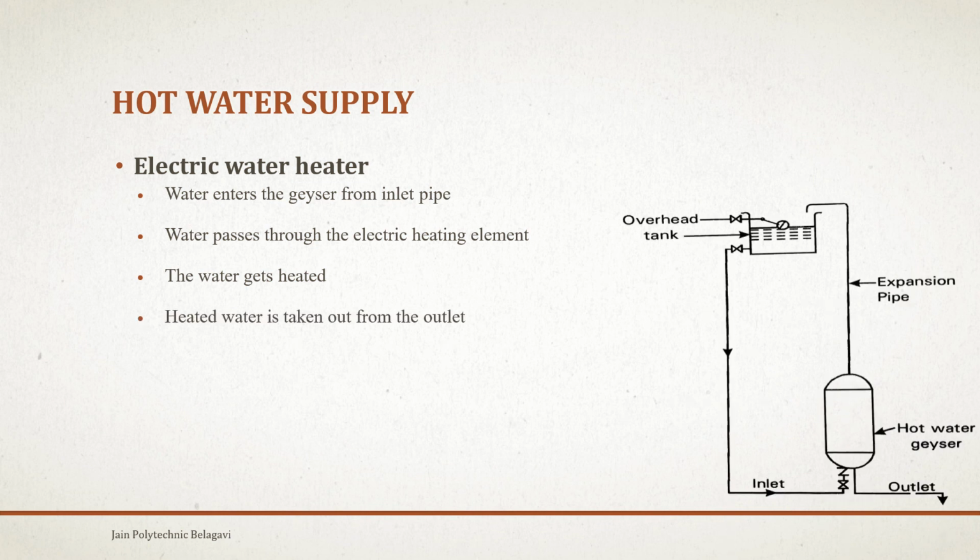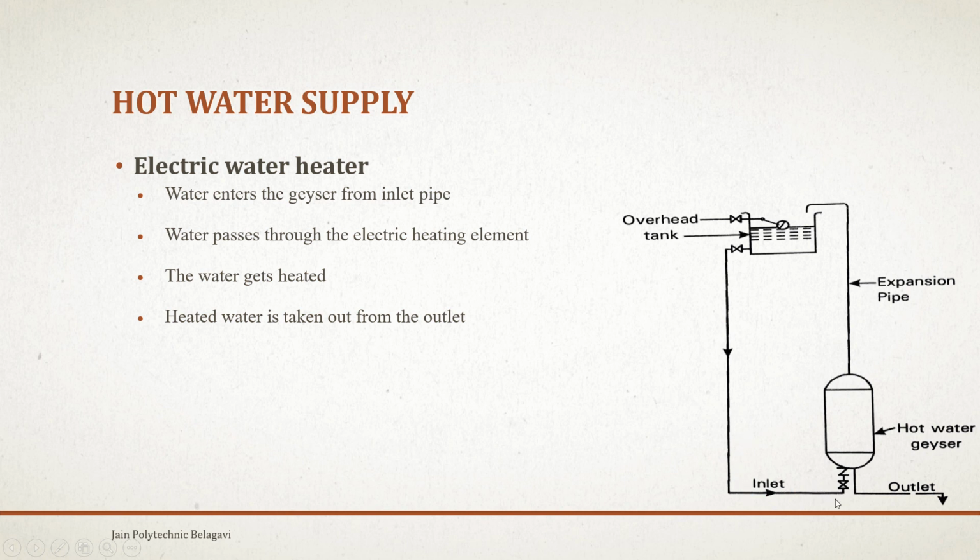This is the circuit, how the water gets heated. From this overhead tank we have a stopcock, and if you open this, the water starts flowing and enters the inlet of this geyser.